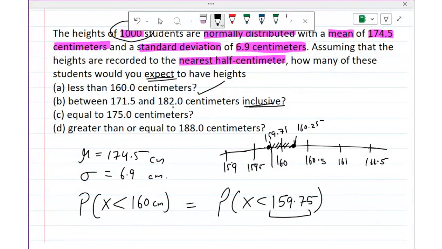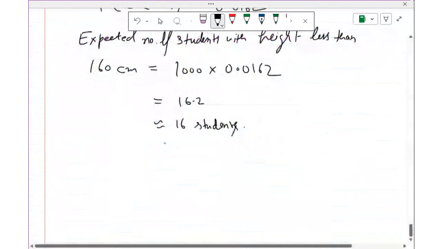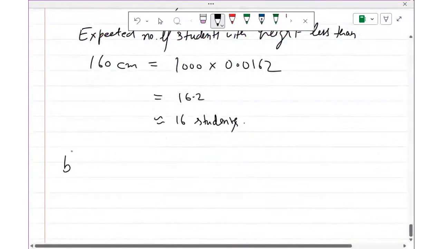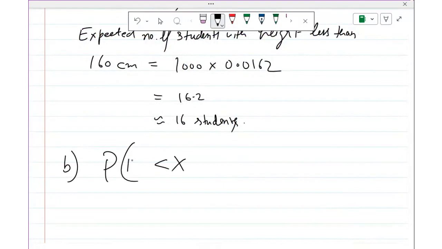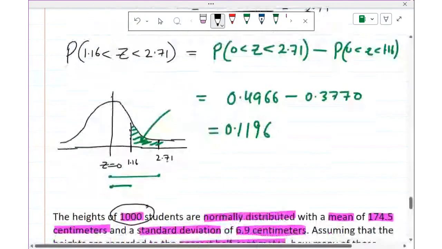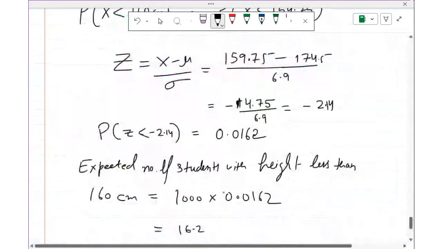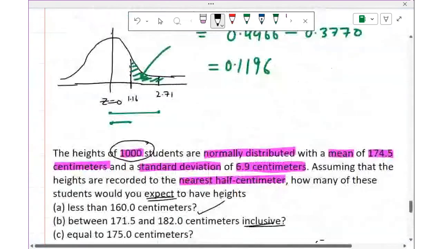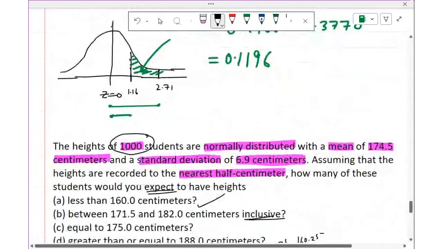182.25. Okay. So in the B part, we have to find the probability that X is between, in reality, 171.25 to 182.25.